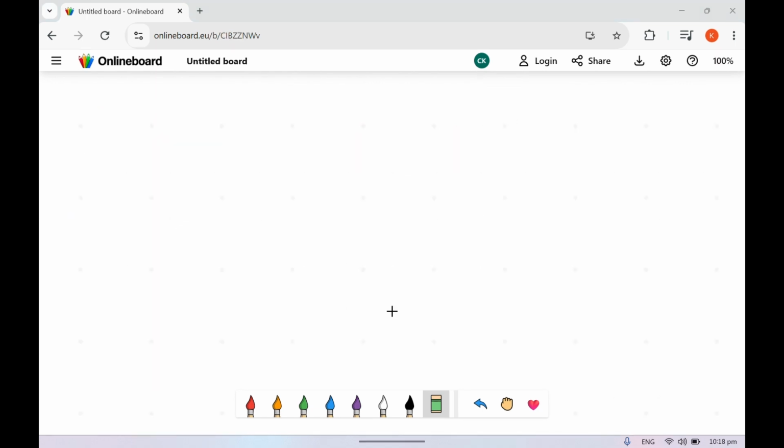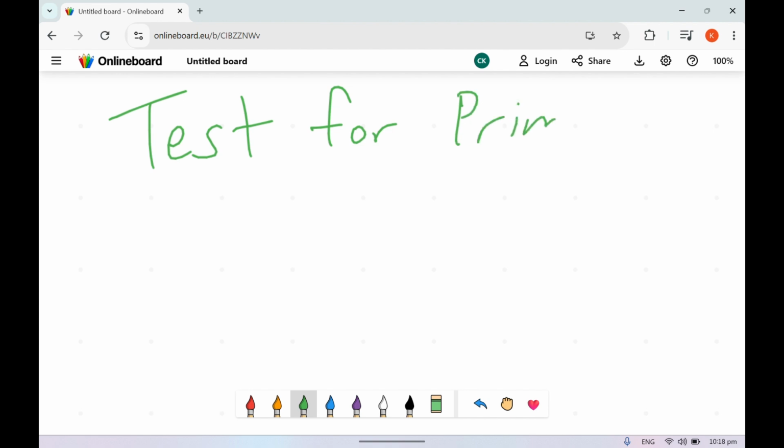And lastly, do you know there's actually a method to test for primality? Okay, so now the method is actually super simple.